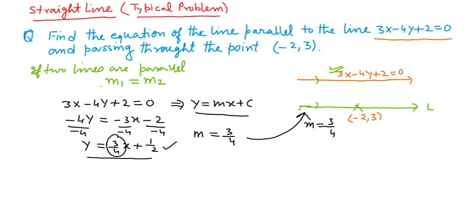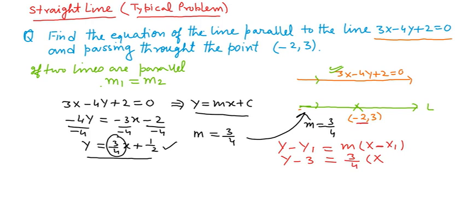Okay. Now we have a concept: the equation of a line passing through the point and having slope m is y minus y1 is equal to m times x minus x1. Here y1 is 3, so y minus 3 is equal to m, which is 3 by 4, times x. x1 is minus 2.